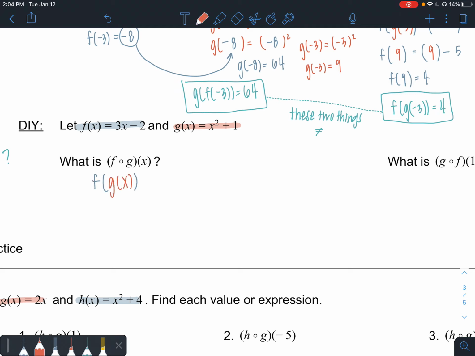Wherever there is an x in the equation, I'm going to plug in g of x, which is x squared plus 1. Then I'll simplify. So I get 3x squared plus 3 minus 2, which, when we combine like terms, is 3x squared plus 1.